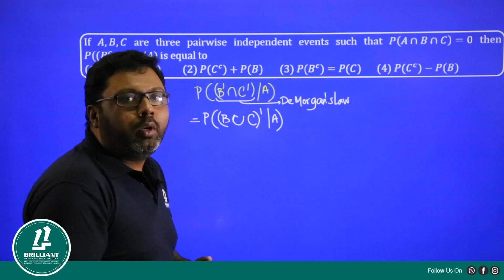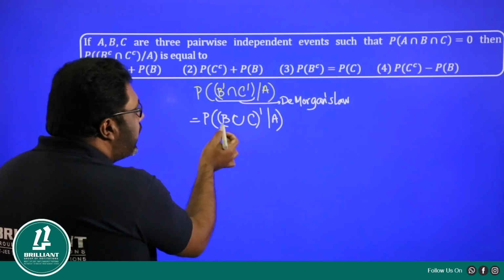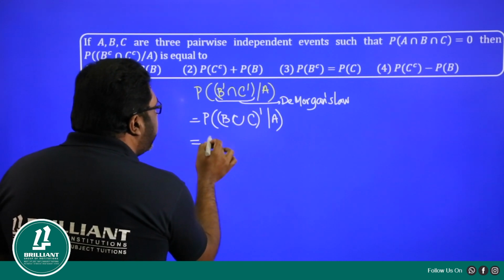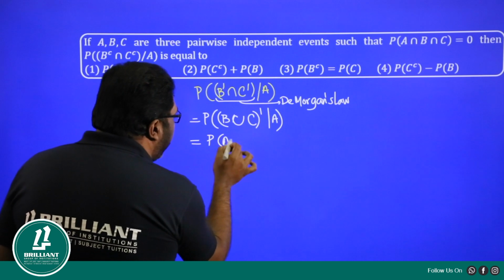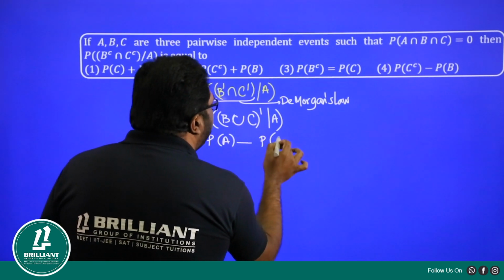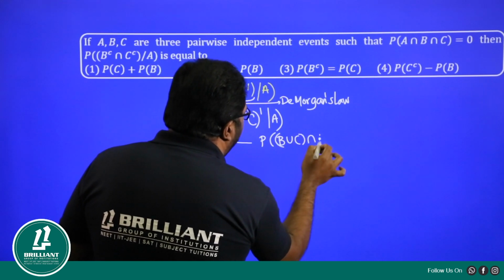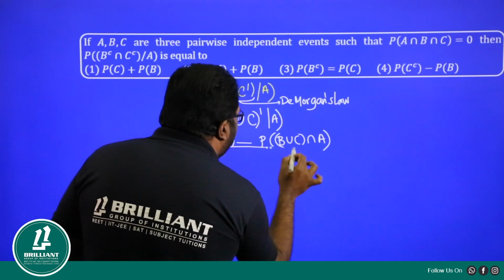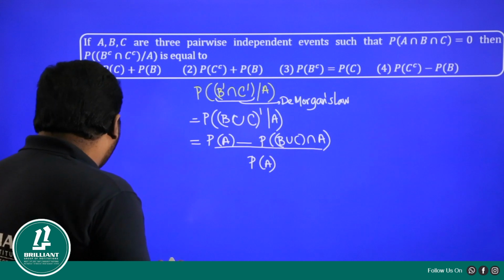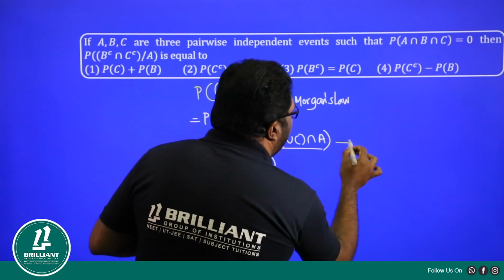Now, I have one more law according to the property of conditional probability. That is, if I have a complement in the first set, then I can clearly write it as probability of A, the second set, minus the probability of B union C intersection A, divided by the probability of A. Learn it. I'll write that formula over here in terms of E and F, which will make you understand.